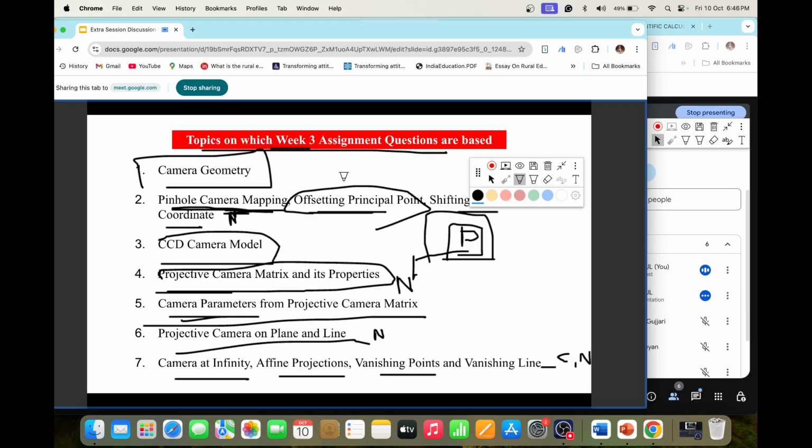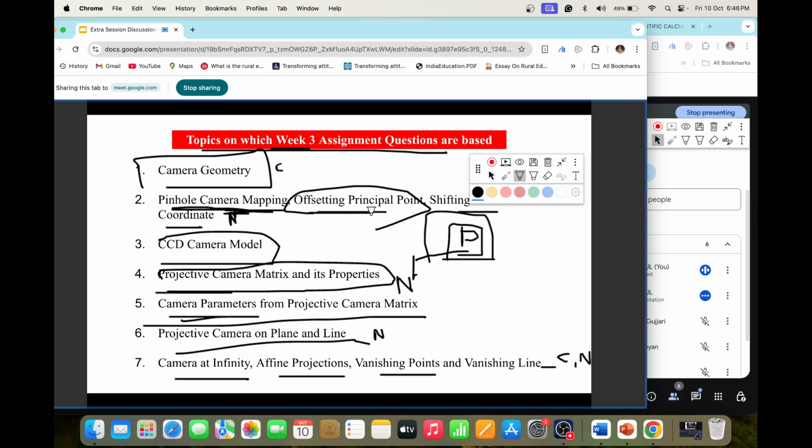And then week 3 is more related to camera geometry. Camera geometry, you have different types of cameras. Camera geometry is conceptual, and then different types of cameras.